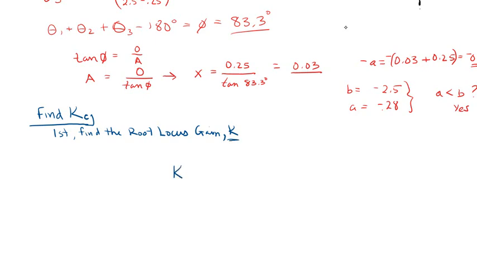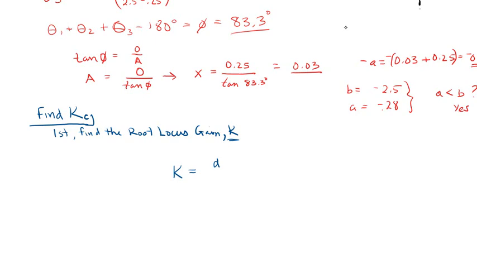So the distance formula is just to find the root locus gain K. So K is equal to the polar distances, D1, D2, D3. So D1 and D2 were the plant's two poles at negative 0.17 and 0.17.